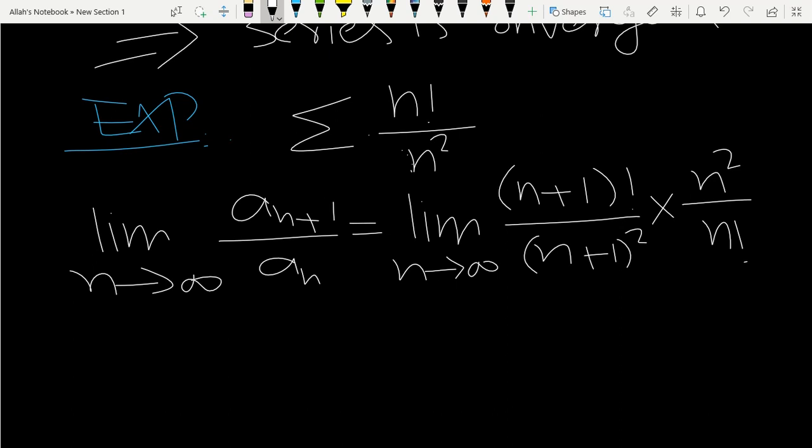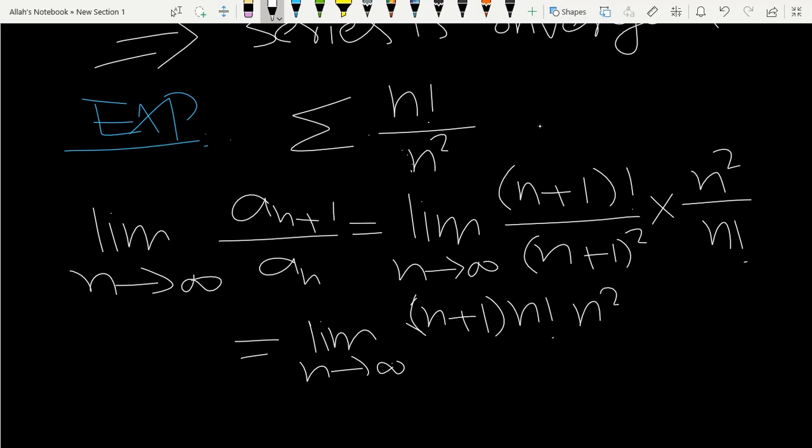And we can write the limit as n approaches infinity of (n+1), n factorial, n squared divided by (n+1) squared into n factorial.